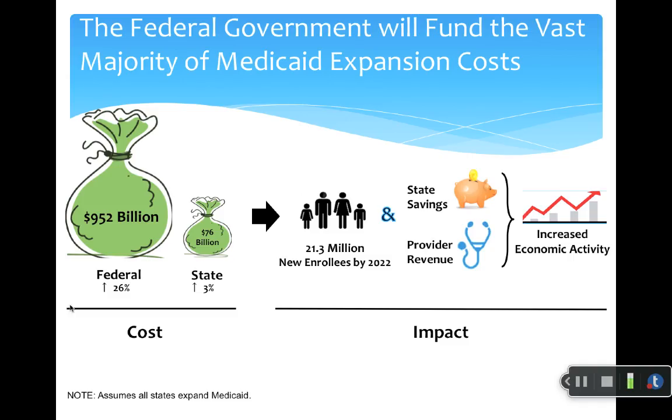The question is, well, why did the Affordable Care Act put in a provision to expand the Medicaid program? And the hope really is that ultimately states will be able to bring in more people to hopefully improve their health outcomes.